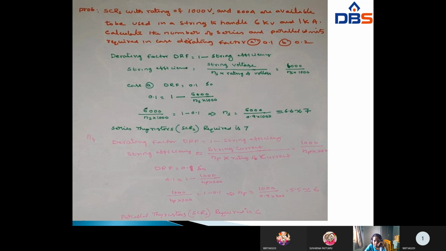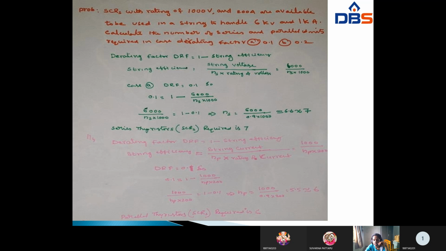So here the SCR ratings are given, and these SCRs will be used to handle a string of 6 kV and 11 kV. You have to calculate the number of series and parallel units required.